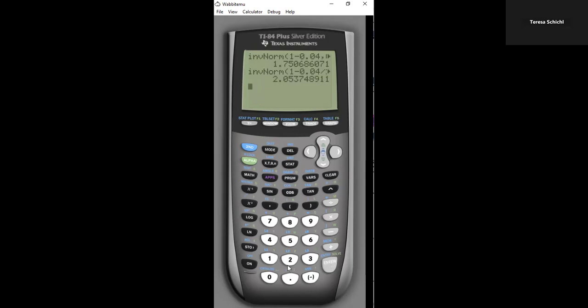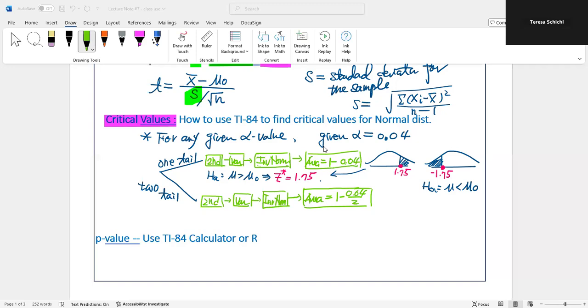Okay, now let's go back to my lecture notes and see what this 2.05 looks like. All right, so we just got z equal to 2.05.